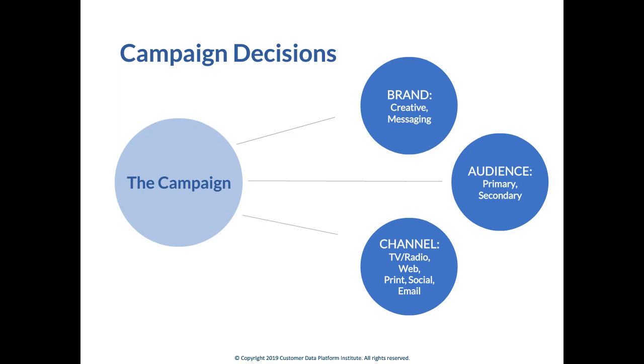She'll need to figure out what her target audience is. She might have a primary audience. She might have a secondary audience. And then, of course, she's used to normal channels that her company uses, right? In the past, she's had experience with TV and radio. She's had a lot of experience with print, social, and email channels as well. So all of these go into consideration for the campaign.